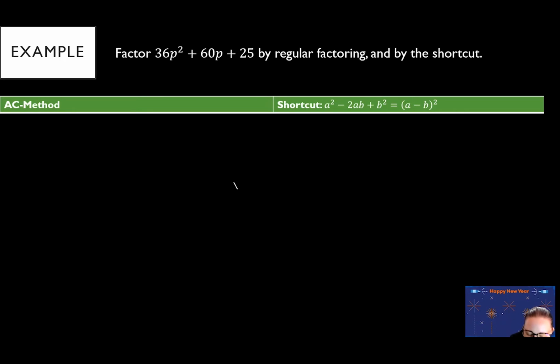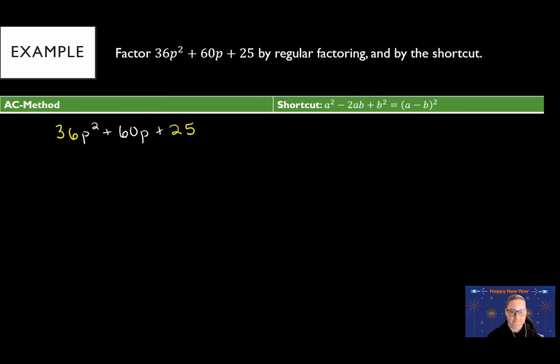So AC method, I'm going to just start by rewriting the whole thing. And so the AC method, how this works is that you take your first number and your last number and you multiply them together. A lot of people really like this method.